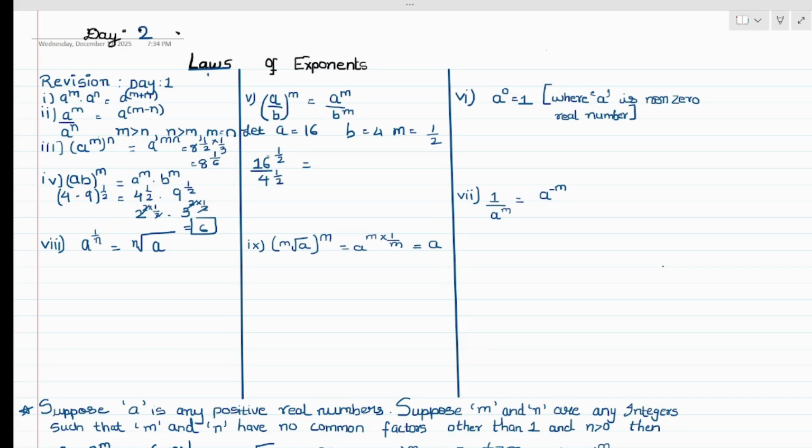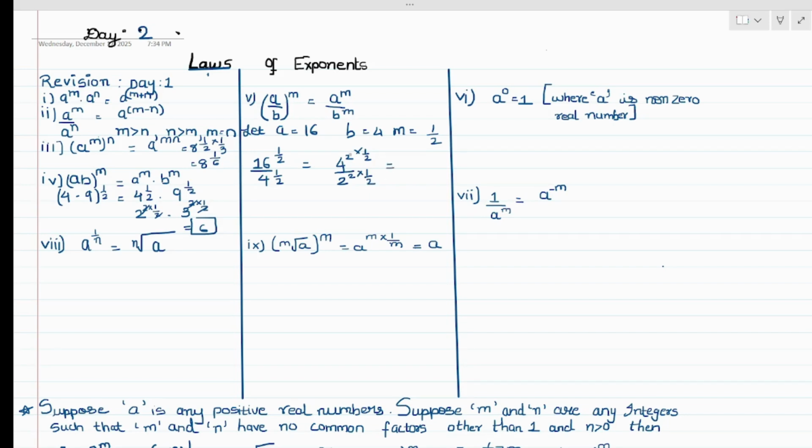Now, the second step: 16 is the square of 4, so I can write it as 4 squared, and 4 is the square of 2, so I can write 2 to the power 2 times 2. And my m, the rational number, I am writing as it is, multiplied by 1 by 2.